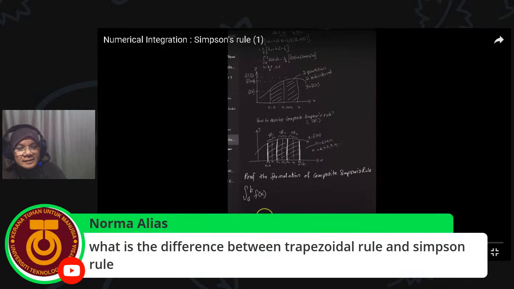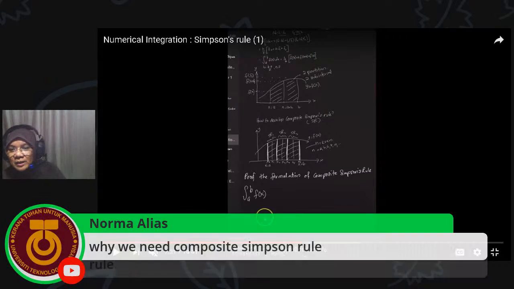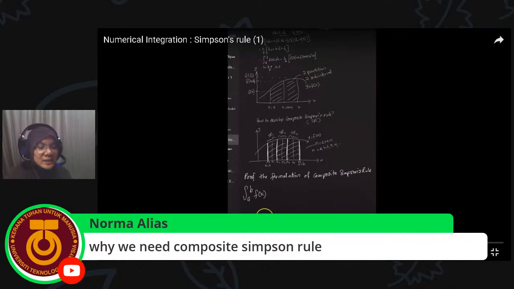The first question: why do we need the composite Simpson's rule? Because we want to correct and optimize the error of the basic Simpson's rule. The error comes from the graph of f(x) and the curve created by Simpson's rule.